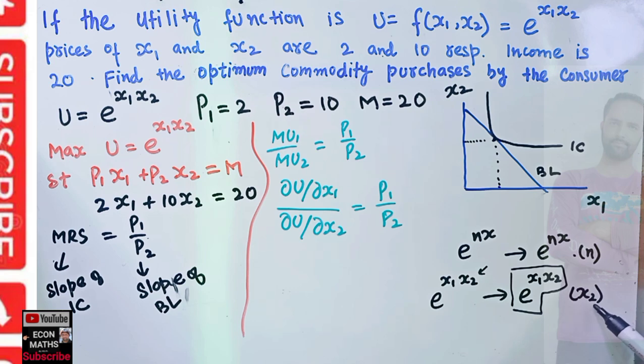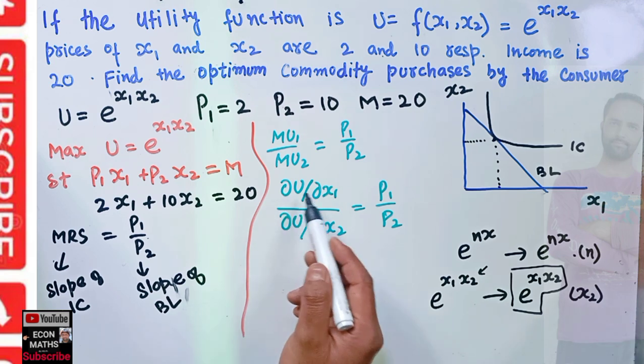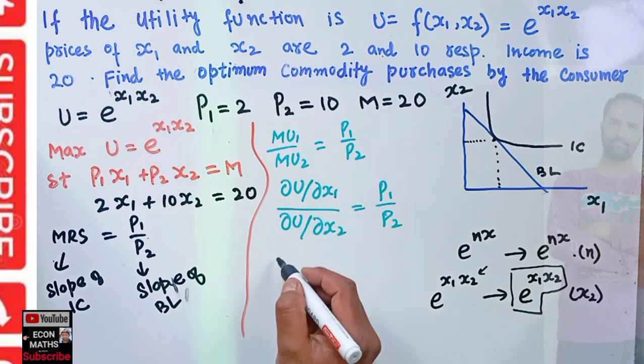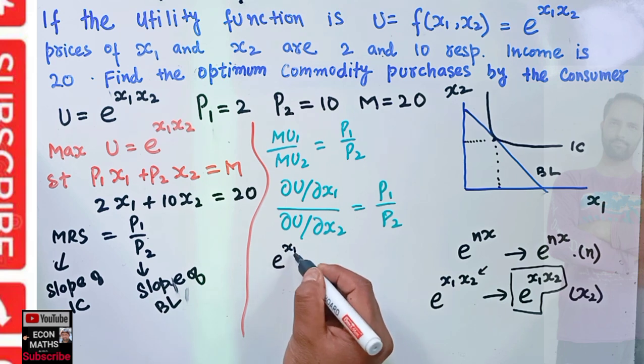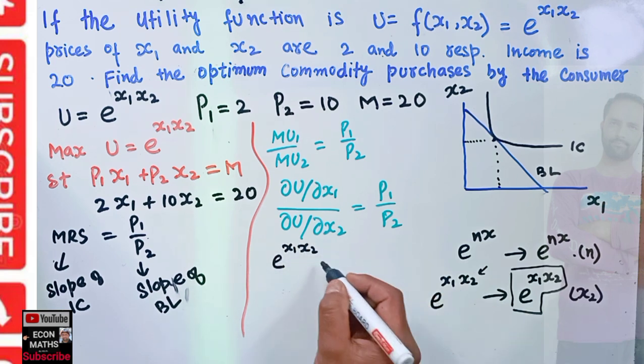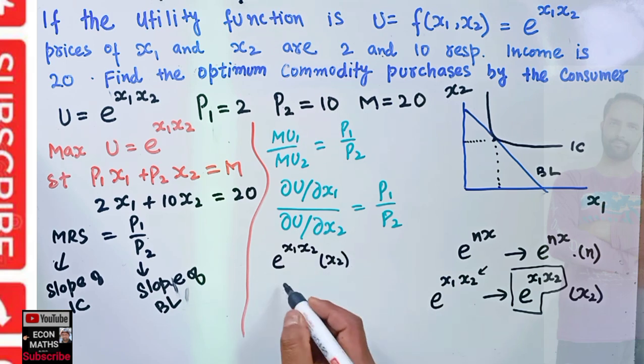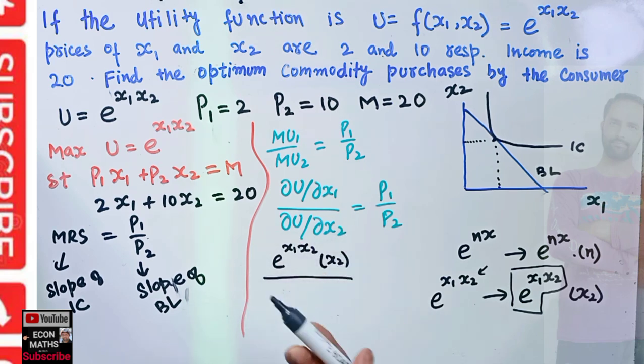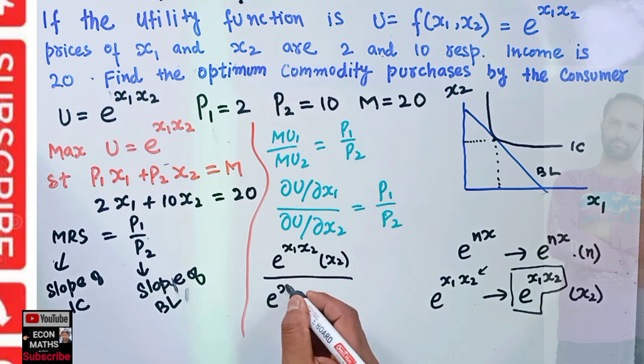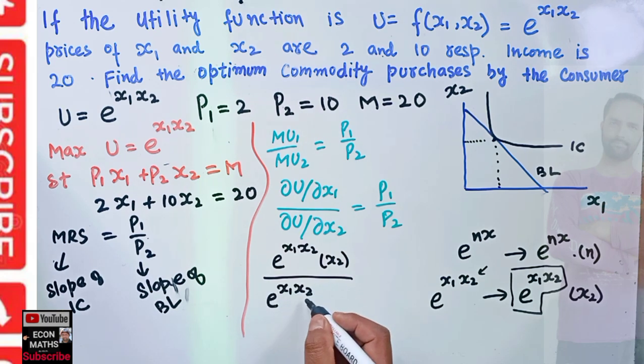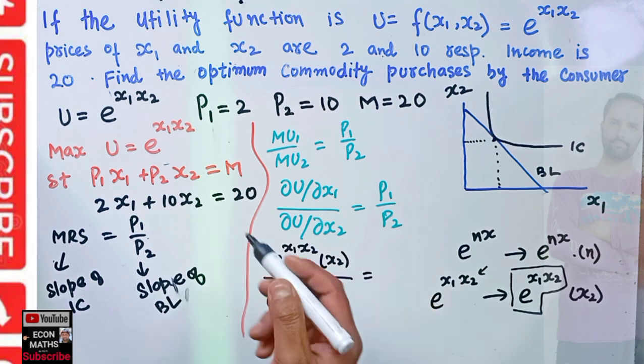So du upon dx1 is e to the power x1 times x2 times x2, divided by du upon dx2. Again, its derivative with respect to x2 is e to the power x1 x2 times the derivative of x2, which is 1, so we are left with x1 here. This should be equal to p1 upon p2.